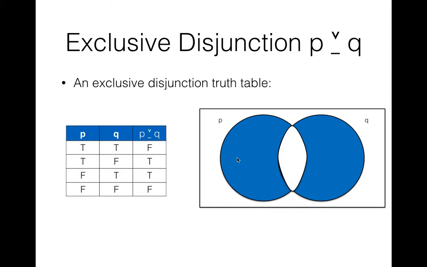That exclusive disjunction is correct, it's true. Likewise, if P is false but Q is true, fantastic. But if they're both false, then the exclusive disjunction between P and Q cannot be correct, because we need one of those statements to be true for the exclusive disjunction to be true.